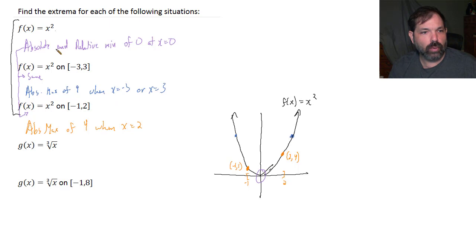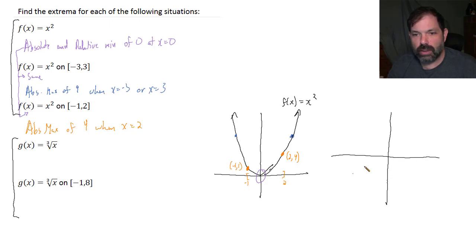Let's look at another example. Now we have g of x is the cube root of x over an interval. All right, so recall that the cube root function does something like this. So if we were to look at the cube root function, does it have any absolute or relative extrema?